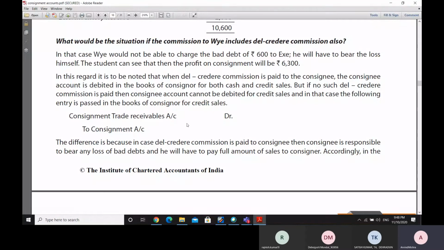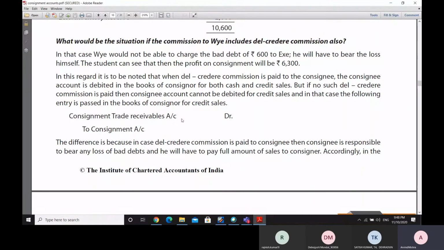So this is the entry when del credere commission is not being paid. In that case, the debit will go not to the consignee, but to the consignment trade receivable account, and this will be in respect of the entire amount of the credit sales.